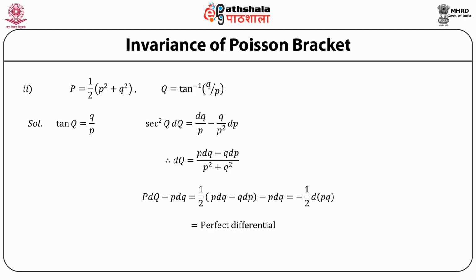To show that this transformation is canonical, all we have to do is compute the differential of the new coordinate capital Q and the differential of the old coordinate small q, and then show that the new momentum times dQ minus the old momentum times dq is a perfect differential, which we have shown in the slide. This quantity becomes half the differential of the product PQ, which is a perfect differential.